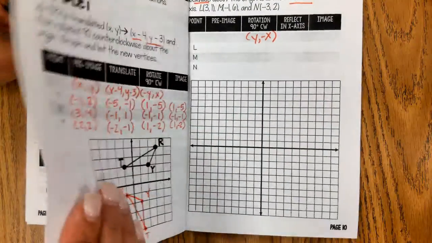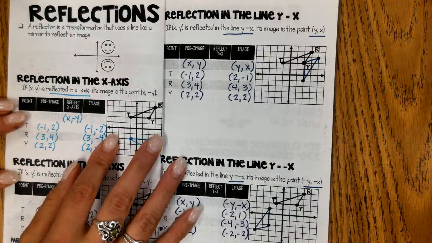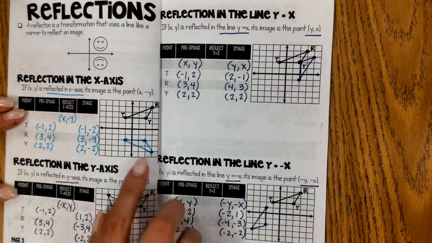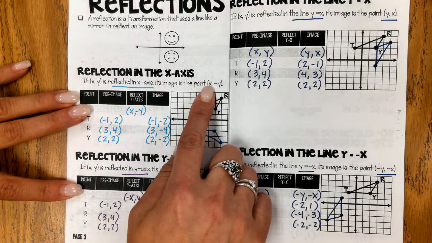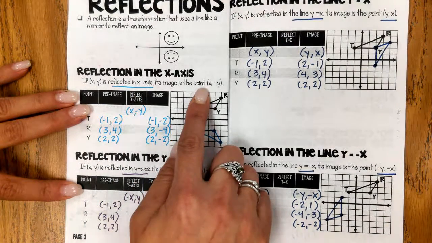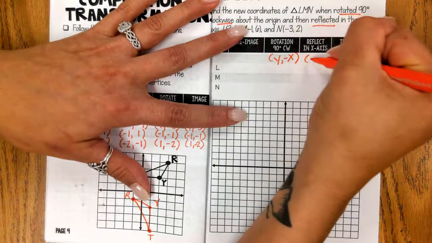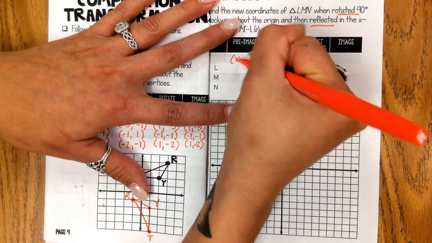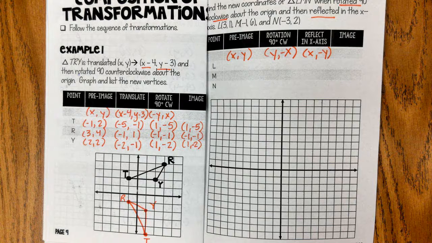So when I reflect, I would come back to my notes here. I'm reflecting in the x-axis, so that means I'm going to go back and do x, negative y. So I'm going to show you how that works. Okay, and then up here we have x, y. Okay, so that's showing me the steps.